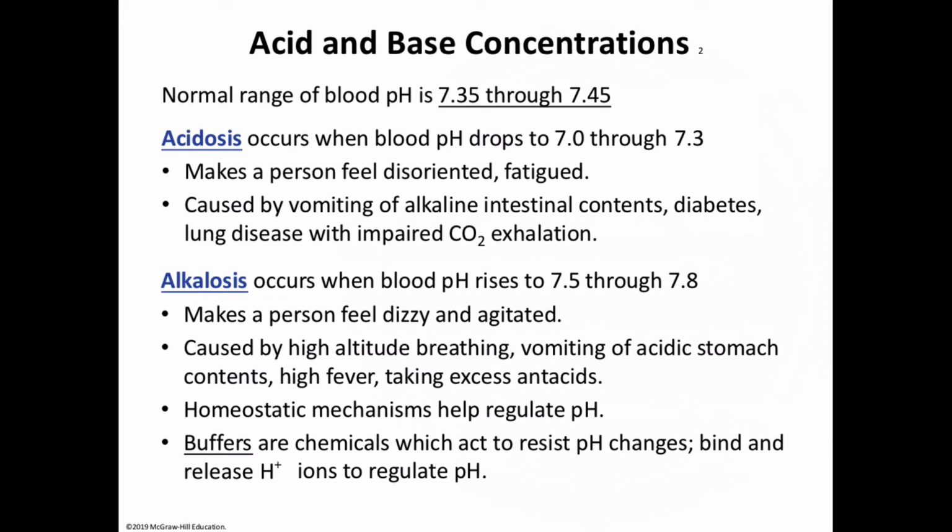If a person, class, has a pH in their body of approximately between 7.0 and 7.3, that person is referred to as having acidemia. I repeat, they're referred to as having acidemia. So let's get to this condition known as acidosis, based on acidemia.